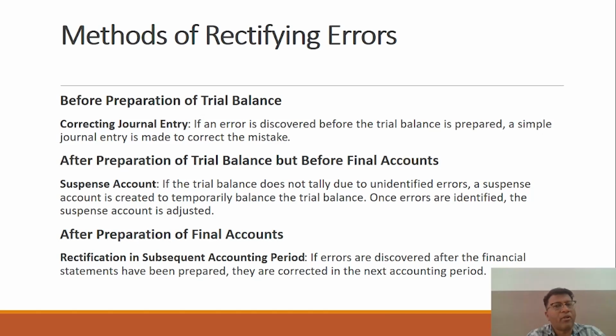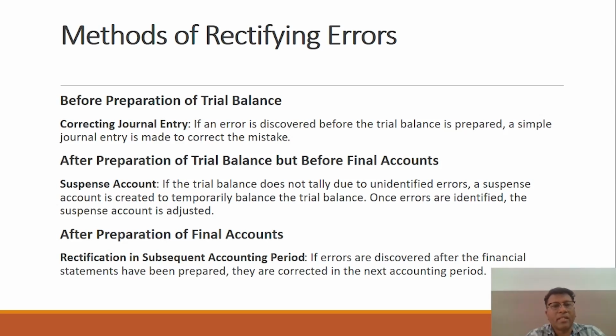So, before preparation of the trial balance, or after preparation of the trial balance but before final accounts. Sometimes, after preparation of final accounts, when you have already prepared the final accounts, rectification is required. In that case, the errors are corrected in the next accounting period.